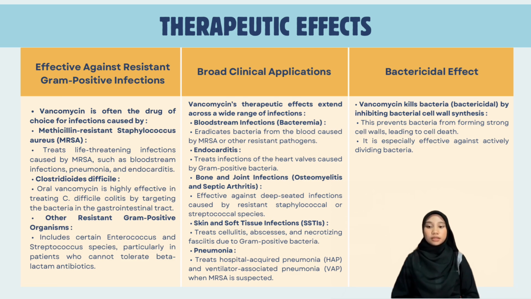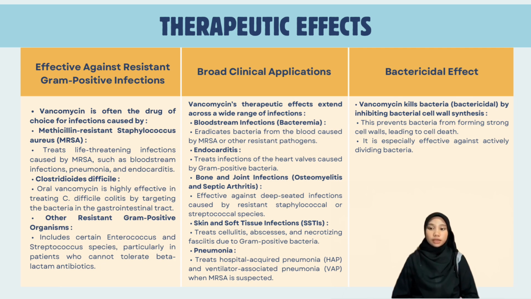Oral vancomycin is highly effective in treating Clostridioides difficile colitis by targeting the bacteria in the gastrointestinal tract. Next is other resistant gram-positive organisms, including certain Enterococcus and Streptococcus species, particularly in patients who cannot tolerate beta-lactam antibiotics.